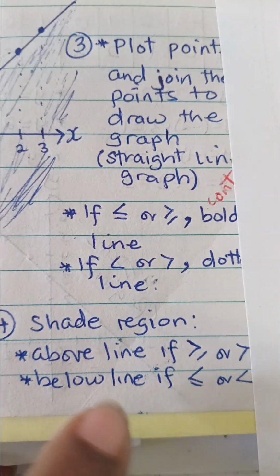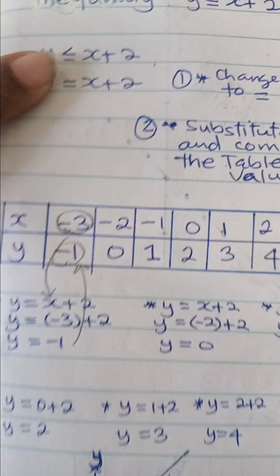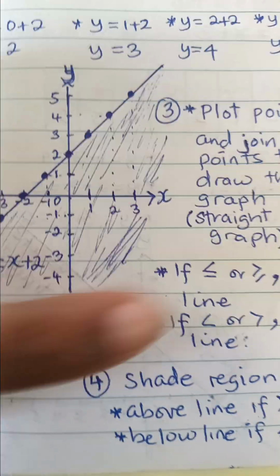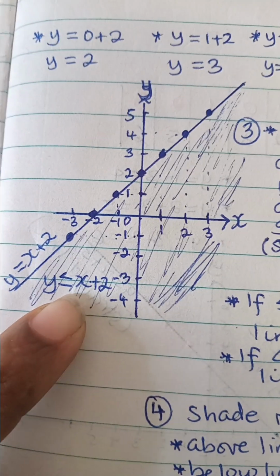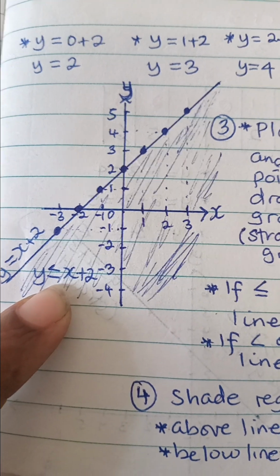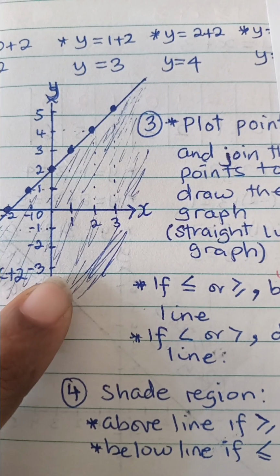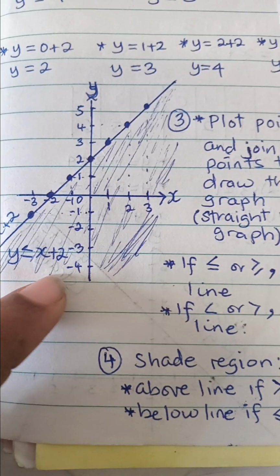If it's less than, you shade below. Back to our question, we have y is less than or equal to x plus 2, therefore we shade below the line. This shaded region gives all the solutions of the inequality y is less than or equal to x plus 2, meaning all the values of x and y you can get from this inequality.